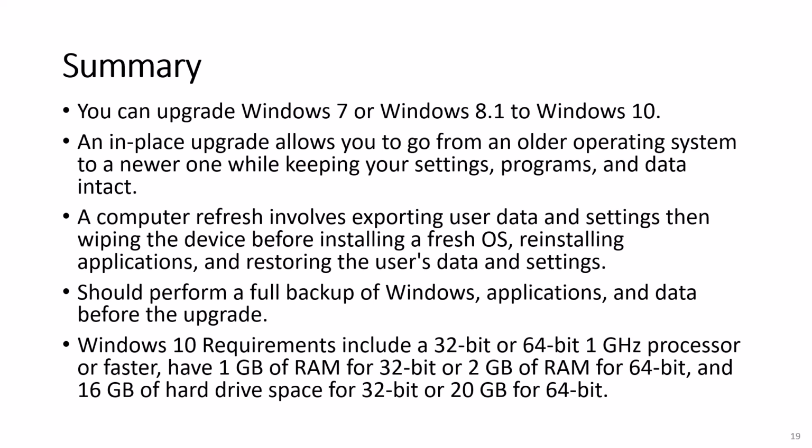You should perform a full backup of Windows, applications, and data before the upgrade. Windows 10 requirements include a 32-bit or 64-bit 1 GHz processor or faster, 1 GB of RAM for 32-bit or 2 GB of RAM for 64-bit, and 16 gigabytes of hard drive space for 32-bit or 20 gigabytes for 64-bit.